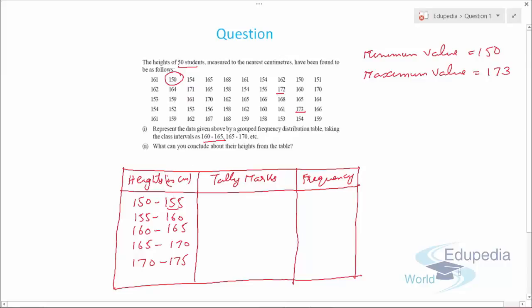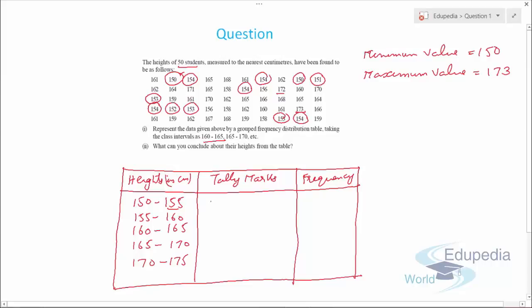So we need to count how many. We can take this as 1, 2, 3, 4, 5, then 6, then 7, then 8, 9, 10, then 11 and 12.